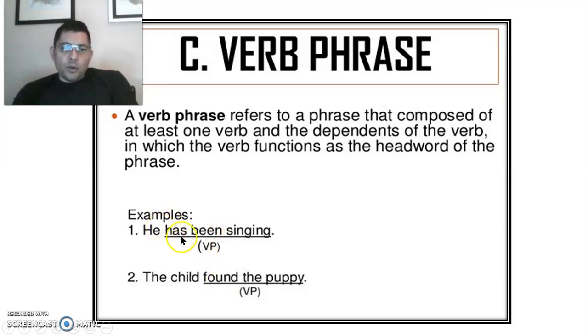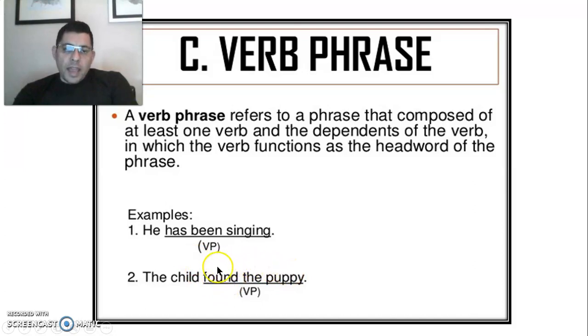So what is the difference between this and this one? That in this case I have only verbs, but in this case I have the puppy. And in number 2, if I say "the child found the puppy," if you see find, in present tense, and found in past tense is my principal verb. But if I ask you, what did the child find? The answer is the puppy. And we already explained in our previous classes that the puppy in this case is my direct object. So what does this mean? That when in one sentence we have a direct object, this direct object is going to be part of this verb.